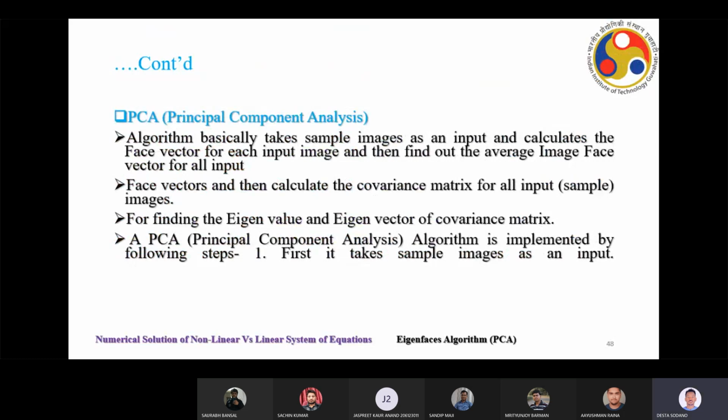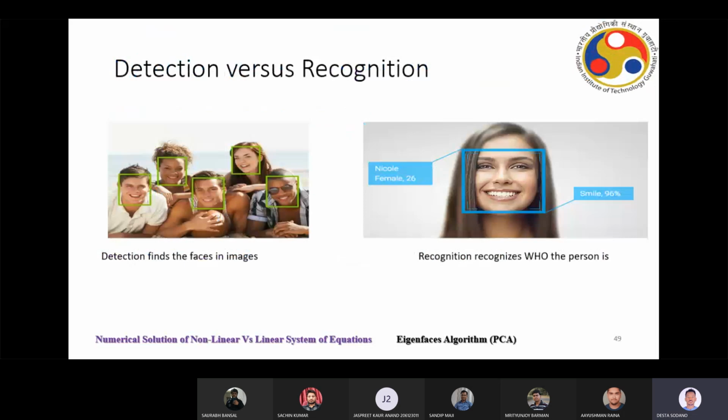So let us see some figures. Here is detection versus recognition. We are focusing on face recognition: why we use face recognition and how we apply it, in order to understand two persons' face recognition using PCA or principal component analysis.